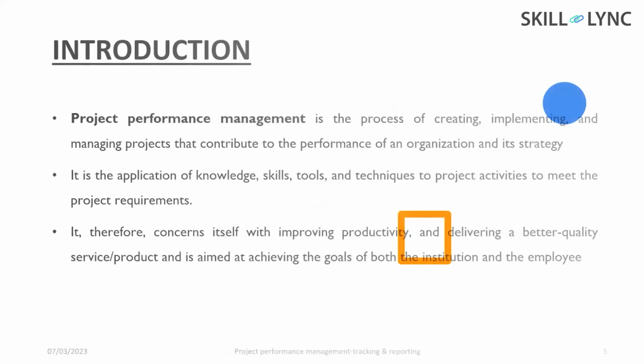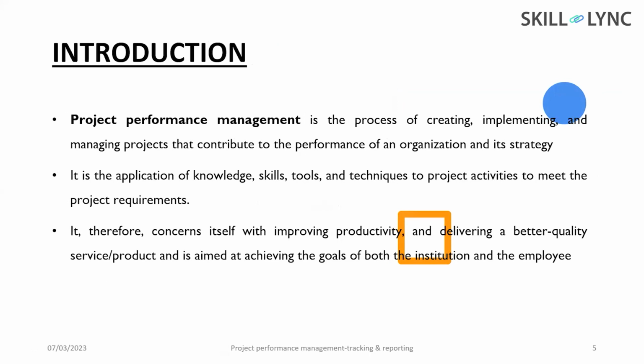So what is performance management then? We know that for every construction project, there should be a proper outcome. A unique outcome will be available for every construction project. So how can we check the performance? Performance management is the process of creating, implementing, and managing projects that contribute to the performance of an organization and its strategy.